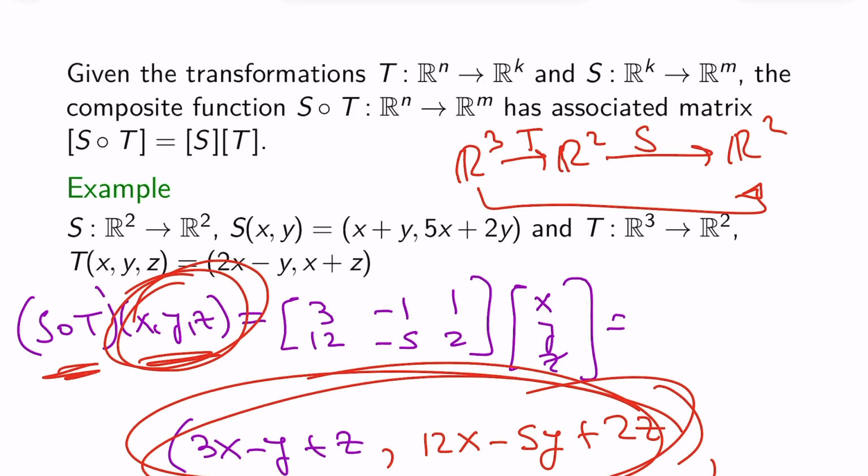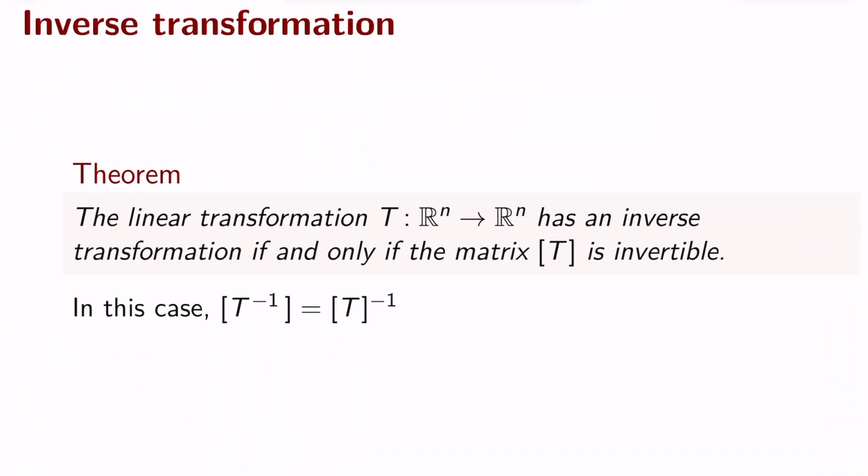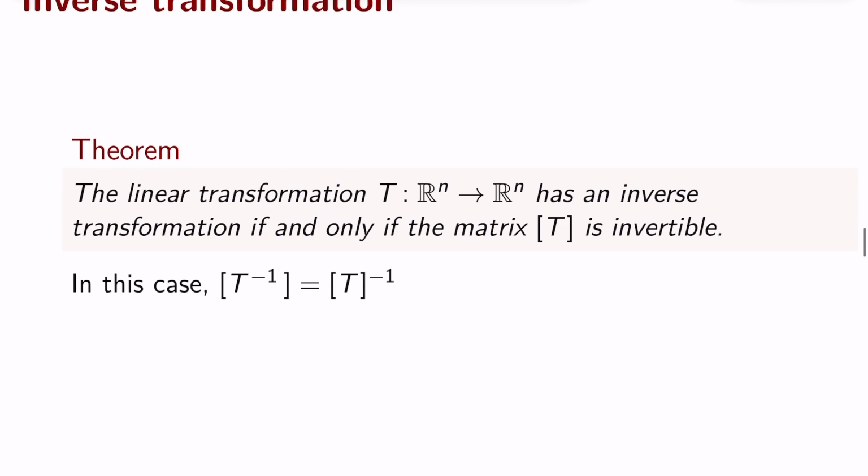Okay, so once we know compositions, we had the idea that when we compose two functions and we obtain the identity, then the function has an inverse. So we're going to say that a linear transformation that goes from Rn to Rn, I mean that the two dimensions are the same, a linear transformation from Rn to itself has an inverse transformation if and only if the matrix associated is an invertible matrix.